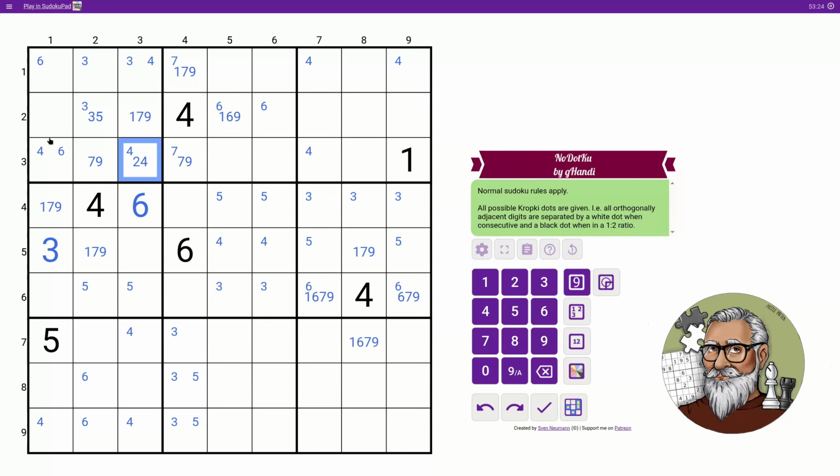Right. Though I do need to put 5 in one of these now. Well, that has been the case for a while now, right? Does that matter?